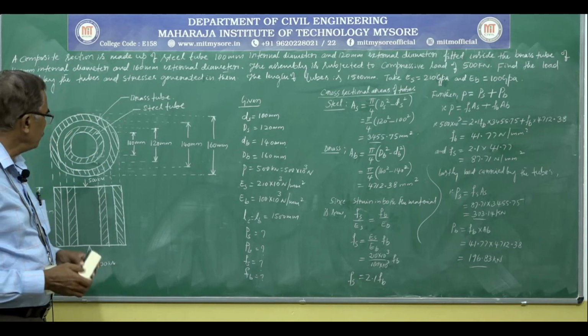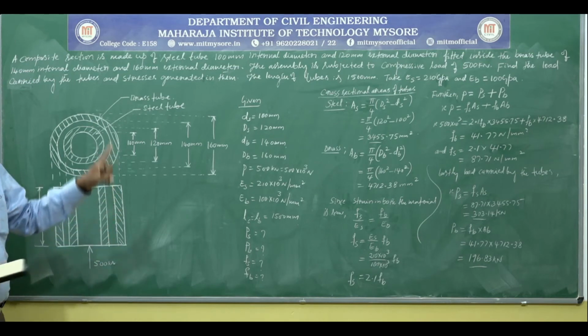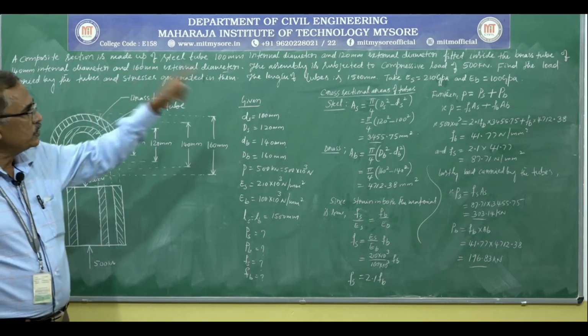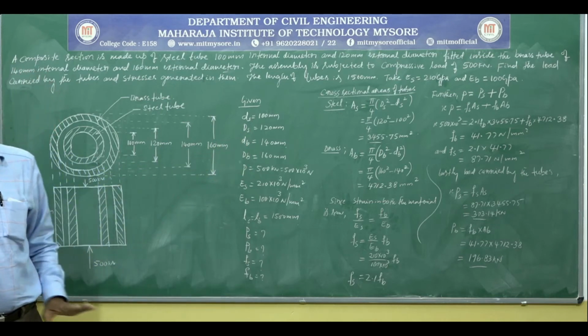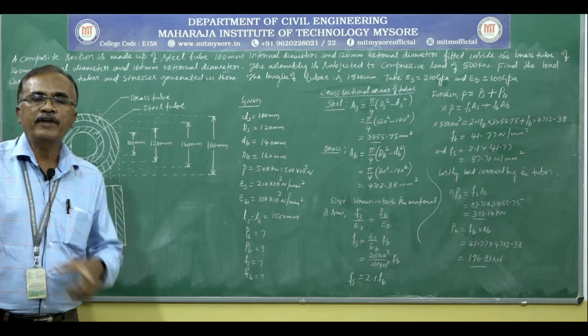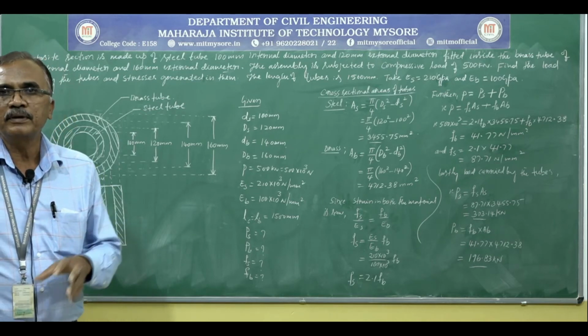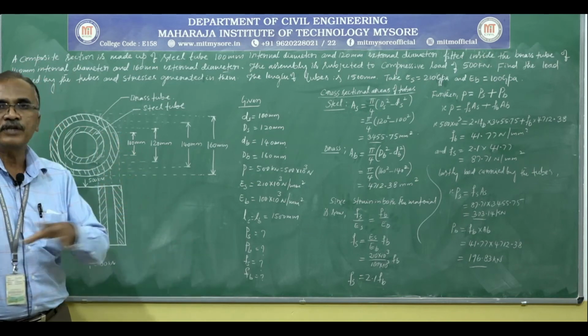Changes in length of tube in case of compound bar, we use the compatibility condition that the strain in both the materials will be same, and when strain in different materials is same, the change in length is also same.